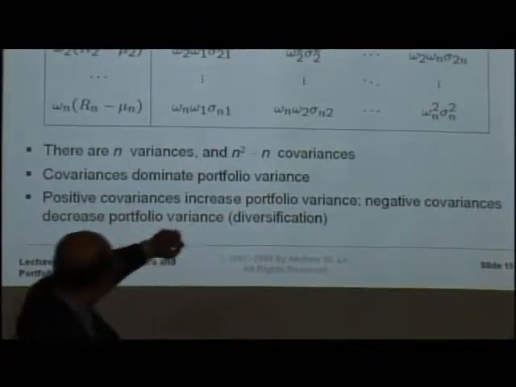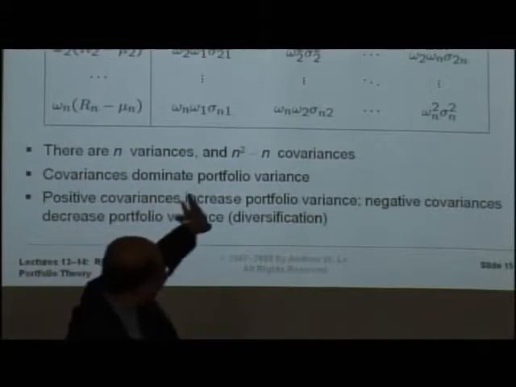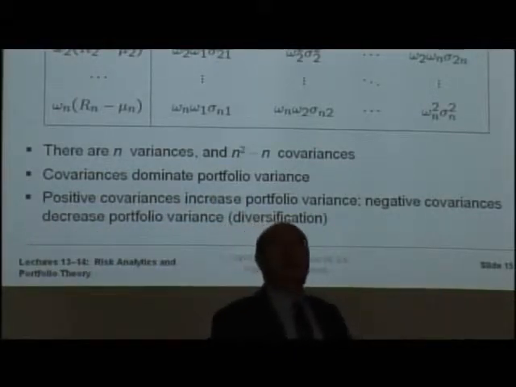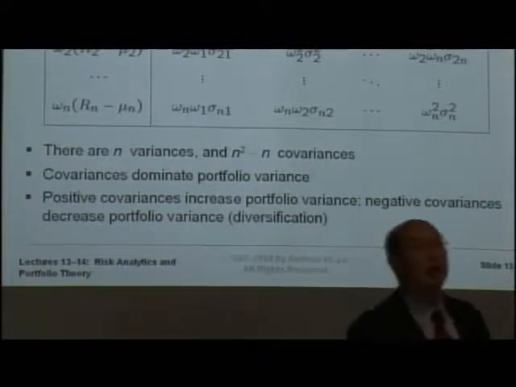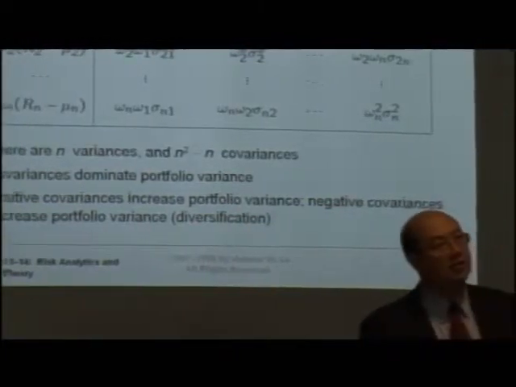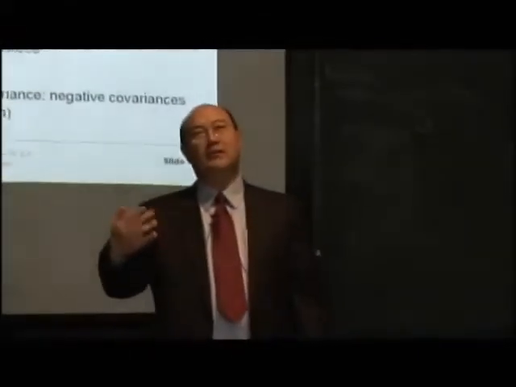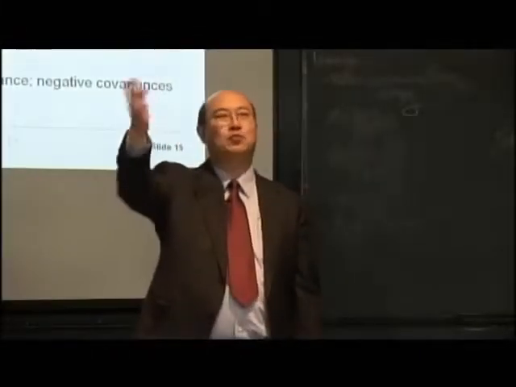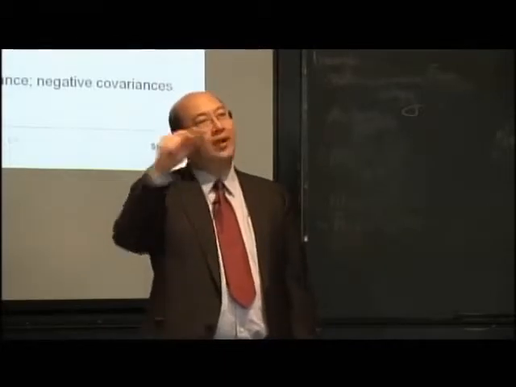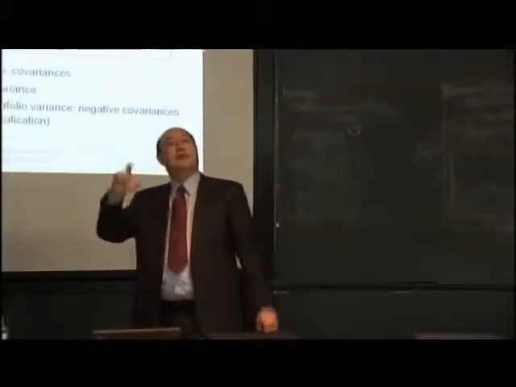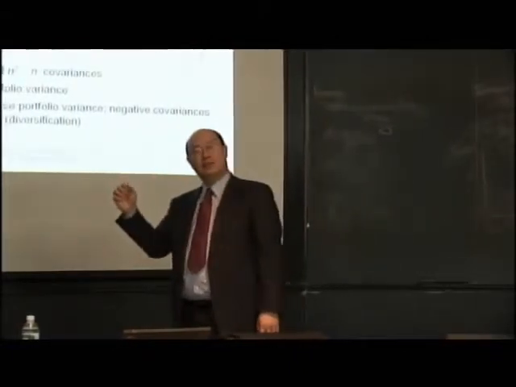That's the variance of the first stock, the variance of the second stock, the variance of the nth stock. Those are how volatile the individual stocks are. But there are only n of those. There are n squared minus n of the other stuff. That's where you were thinking about n minus 1, right? It's n squared minus n, or n times n minus 1, other non-diagonal entries.